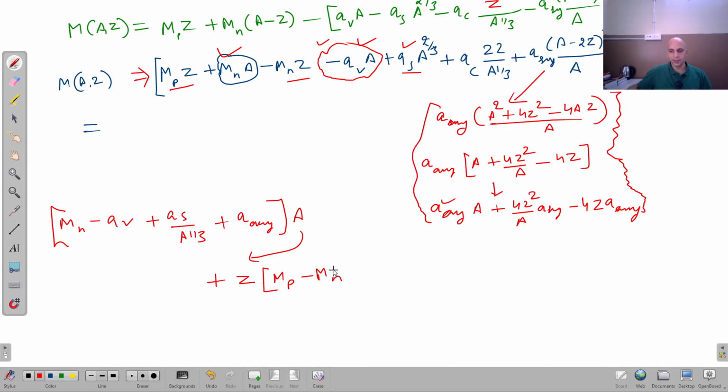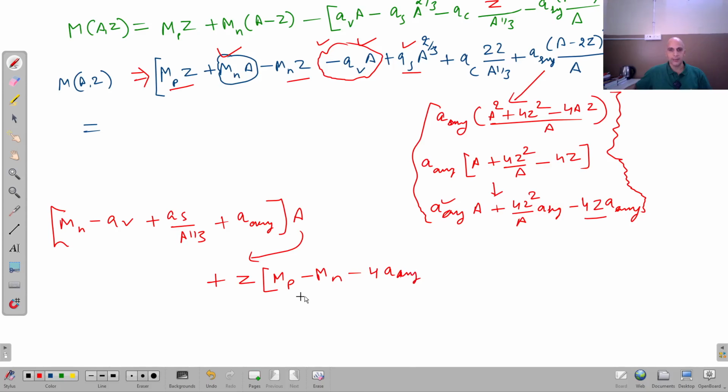Then the other terms that contain this one, minus 4, and we have A symmetry, right, and then this one 4Z square upon A, but it is Z square, so I am not taking it, I am taking only Z common.